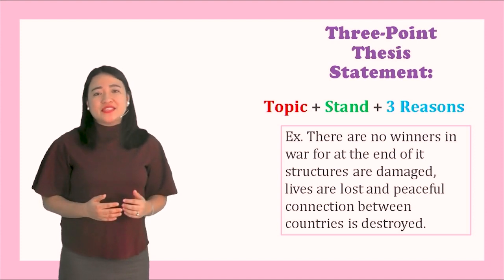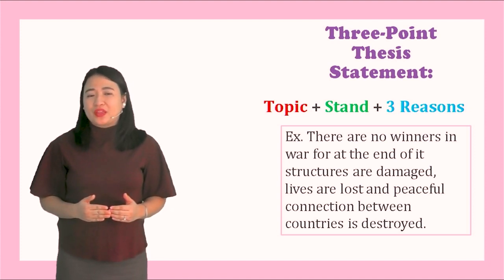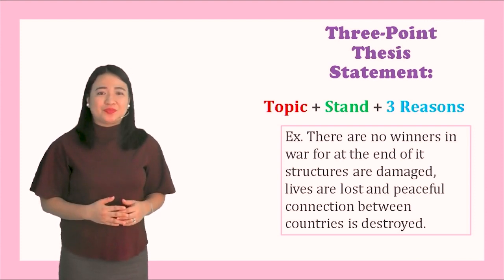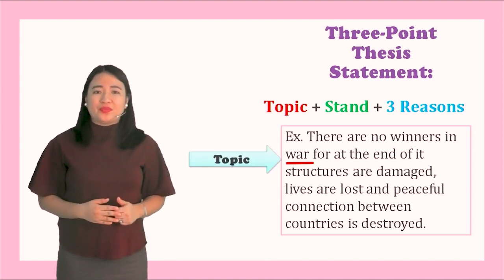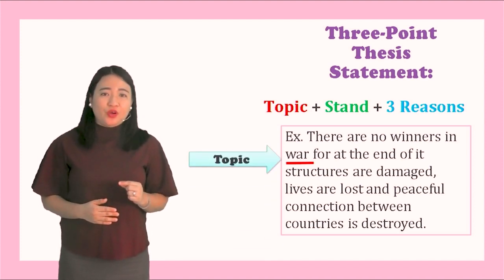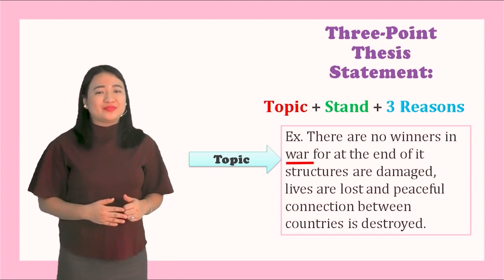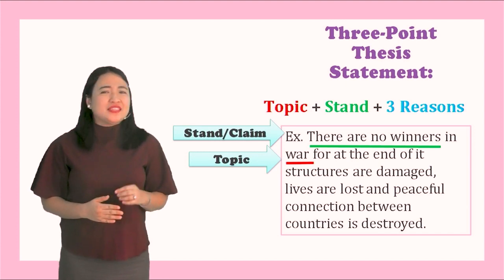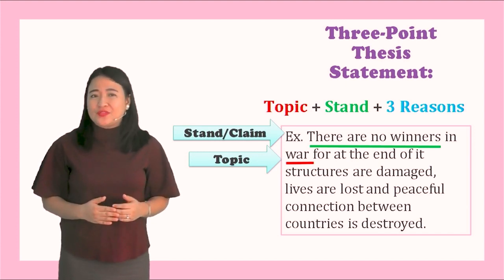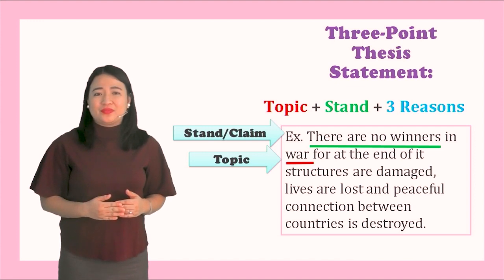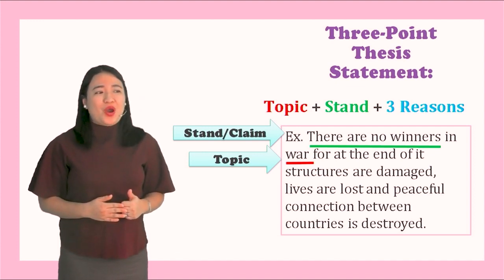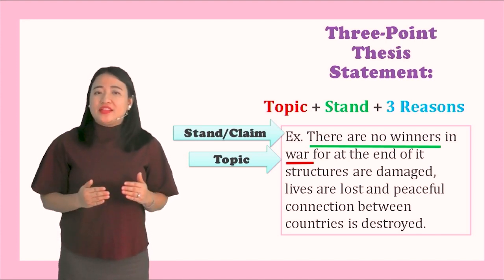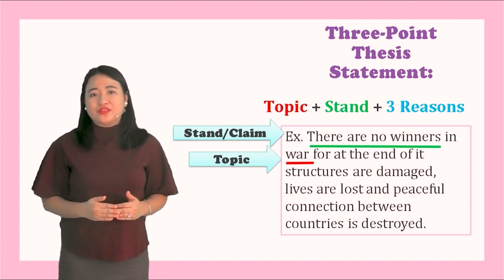Now, let us analyze the example. What is the topic of the sentence? War. What is the stand of the author about war? That there are no winners. Is that a positive or a negative stand? Negative. What were the reasons of the author for stating that there are no winners in war?